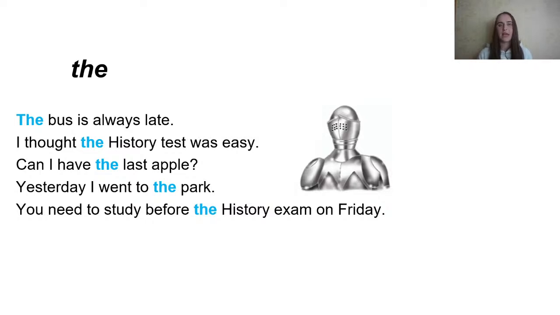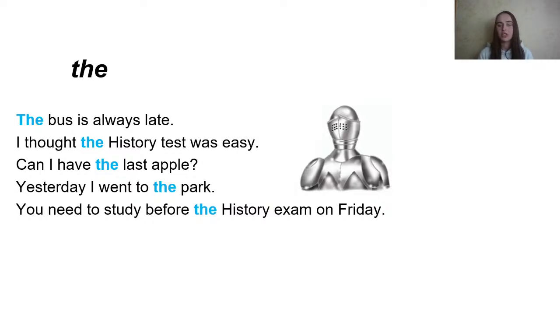And these exceptions are mostly concerning the abbreviations. If the country is in abbreviation like USA, UK, then in this case we have to use the article the. So the USA, the UK, right?